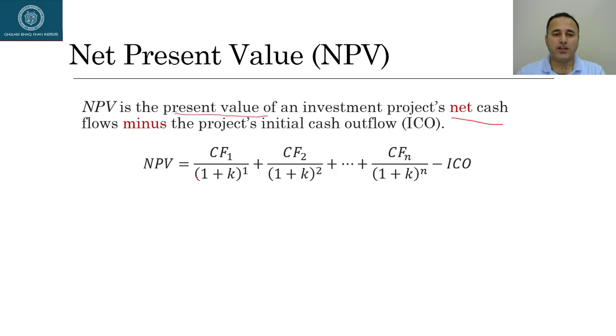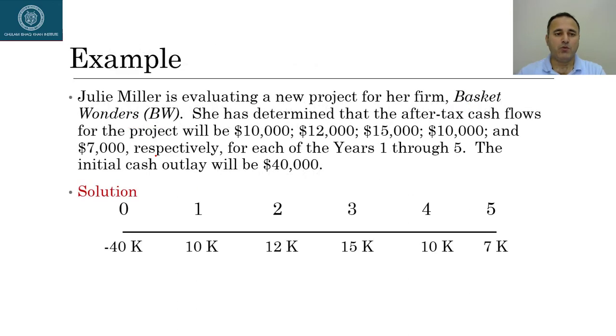The way we calculate it, each cash flow we have to discount with a certain rate. In the IRR method, my task was to calculate this K. In NPV, K is given, and then I have to calculate the net present value. So we will be working with the same example.